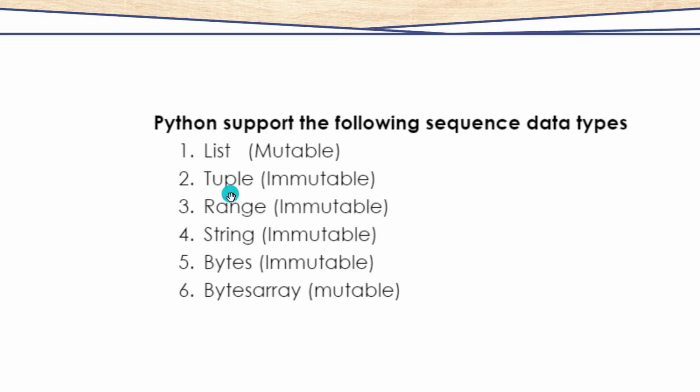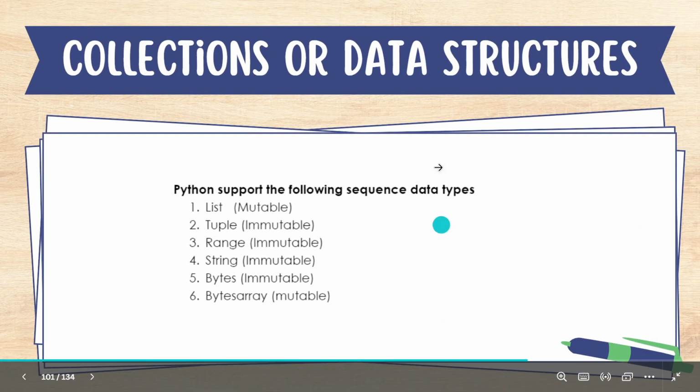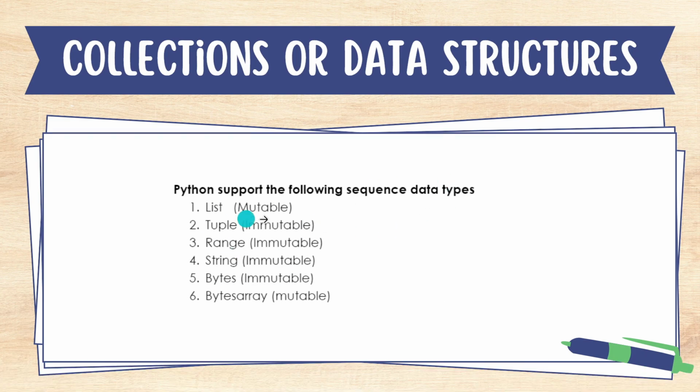So these are four data types where you cannot make any changes. Once created, you cannot change the original object. Bytes array is mutable, meaning we can perform changes. So you should remember which data types are mutable and immutable.